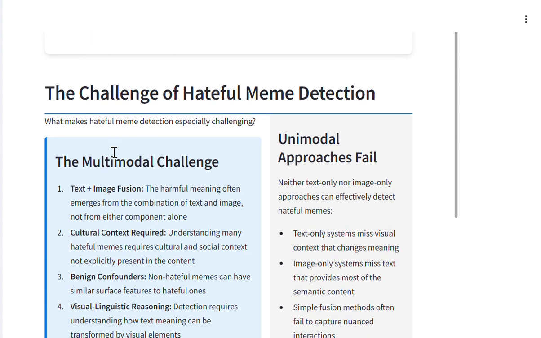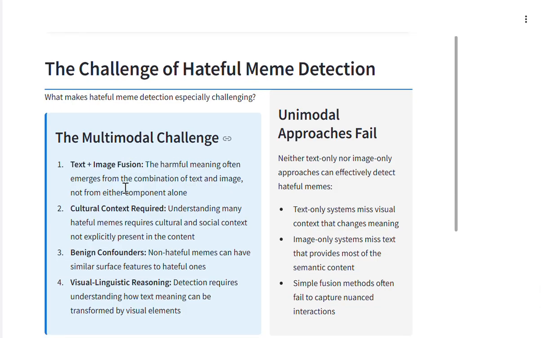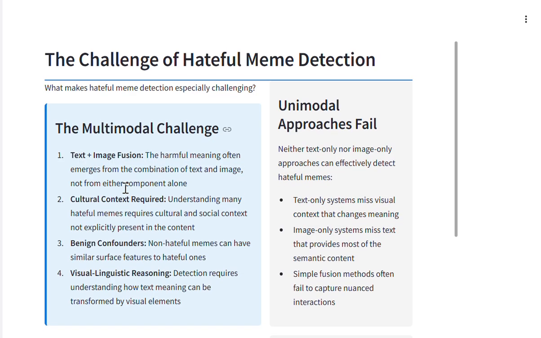The challenge of hateful meme detection. What makes hateful meme detection particularly challenging? Unlike traditional content moderation tasks, memes require understanding both visual and textual elements simultaneously. Let me highlight four key challenges. First, the harmful content often emerges from the fusion of text and images, not from either component alone.